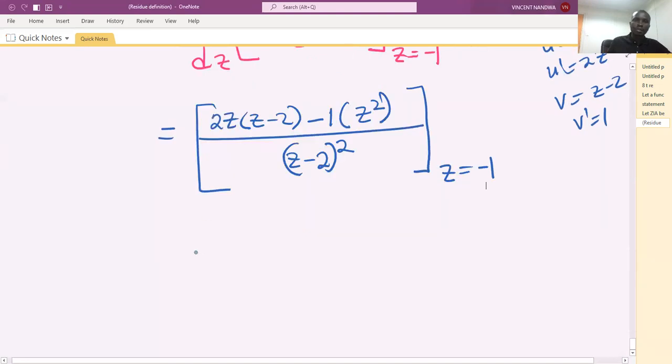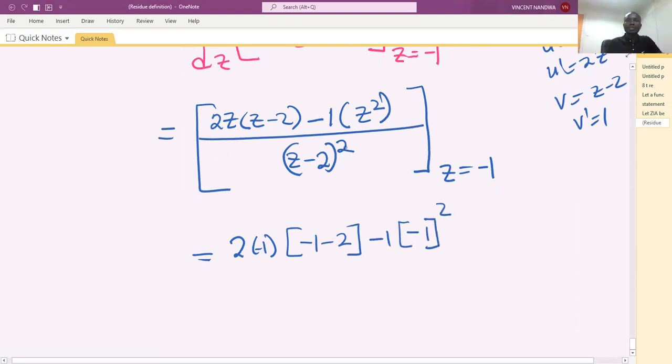So this gives us 2 times negative 1, replacing z by negative 1, times (negative 1 minus 2), minus the value of z squared here, which is negative 1 squared, divided by (negative 1 minus 2) squared.